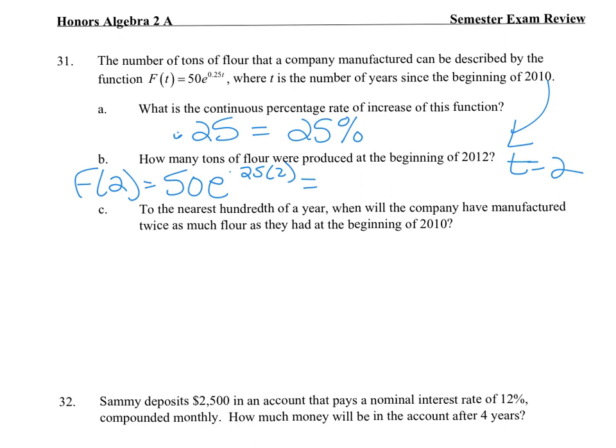And then you're going to use your calculator to simplify. And I get 82.436 tons of flour.